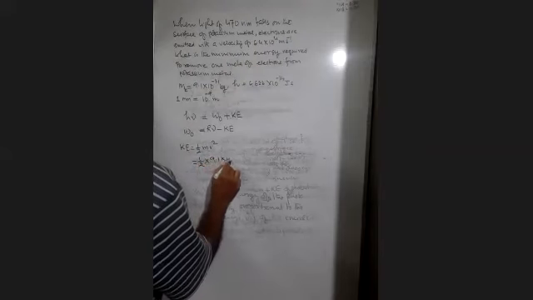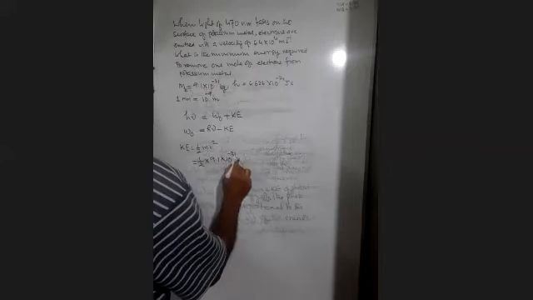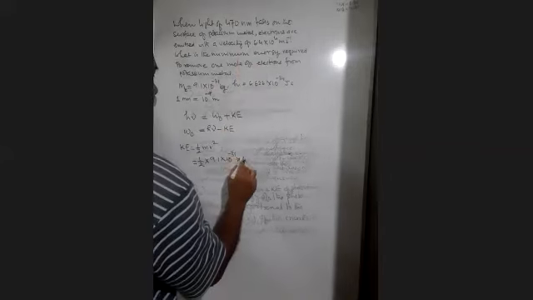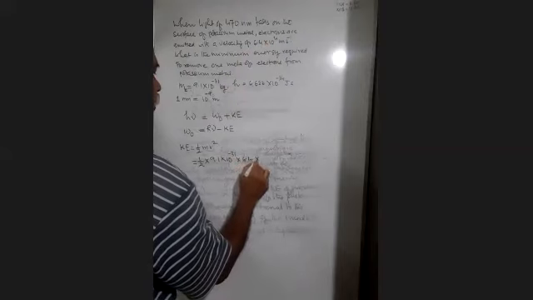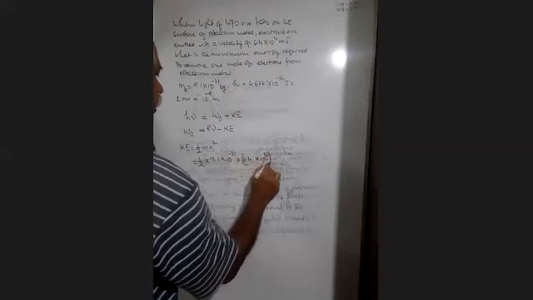The units should be the same. So mass is 9.1 into 10 to the power minus 31, and the velocity is already given, 6.4 into 10 to the power 4, whole square. So please find out this value first. Use the calculator.